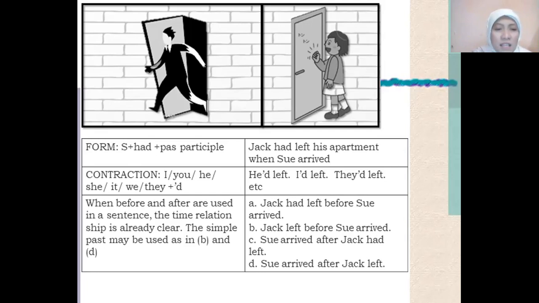The simple past may be used as in B, Jack left before Sue arrived. Yeah, so for example, B and D, Sue arrived after Jack left. We can use past tense. We can use past perfect. Why can we use past tense? Because, one more time, the time relationship is already clear.